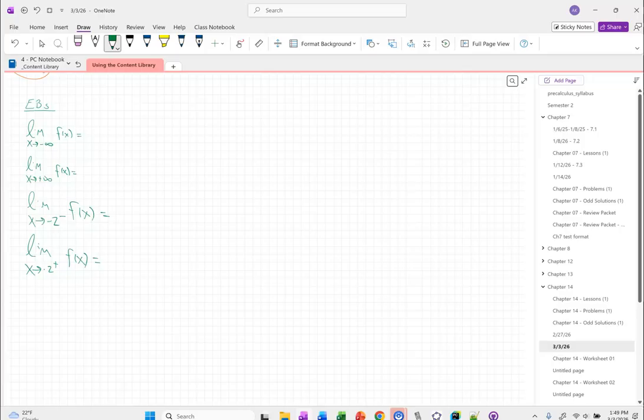So I'm always going to have the x goes to negative infinity, always have the x goes to positive infinity. Then I'm going to have 2 more end behaviors for each vertical asymptote that I have. So if I had 6 vertical asymptotes, I have 14 end behaviors to write. 2 for each one of the 6 vertical asymptotes, and then 1 at negative infinity and 1 at positive infinity, for a total of 14 end behaviors to write.